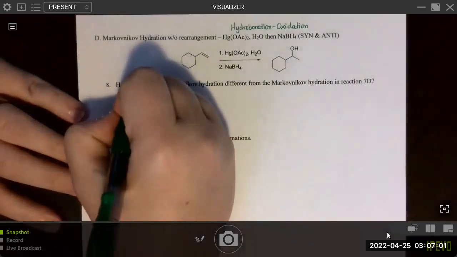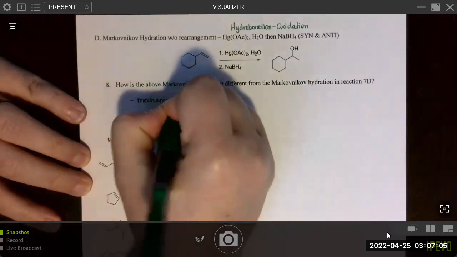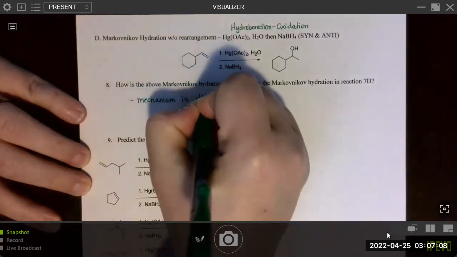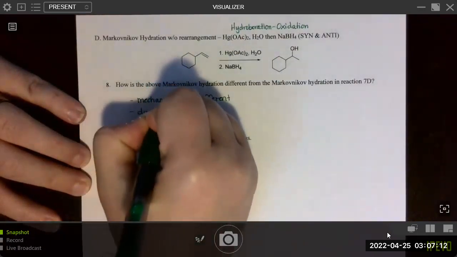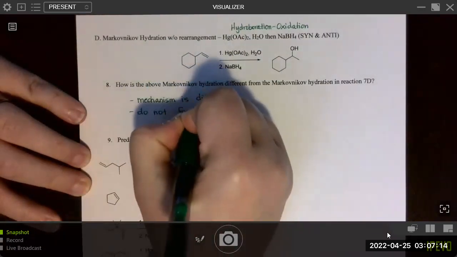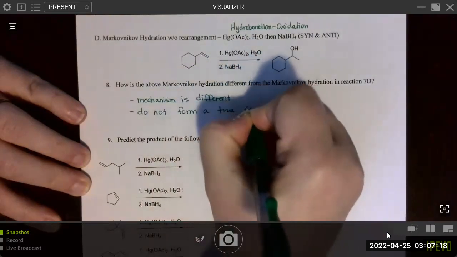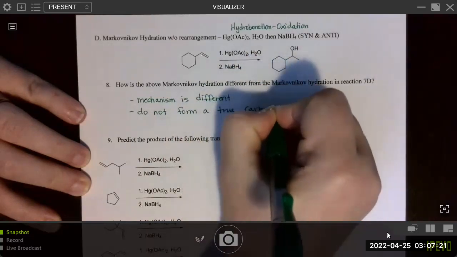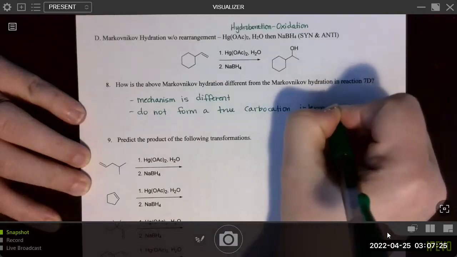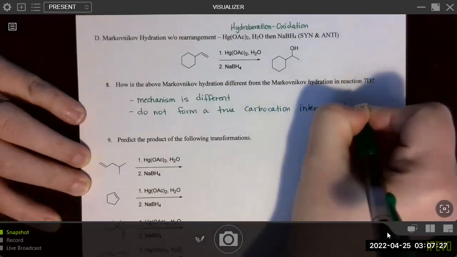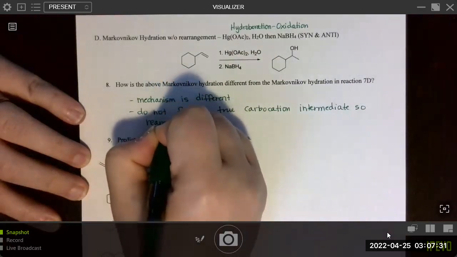So what is different? Well, the mechanism is different. Right? We do not form a true carbocation intermediate. So rearrangement does not occur.